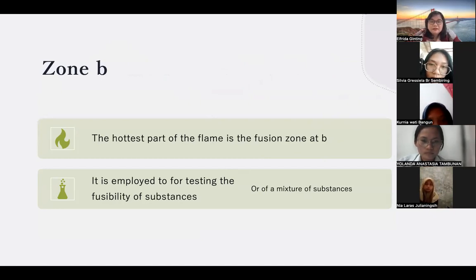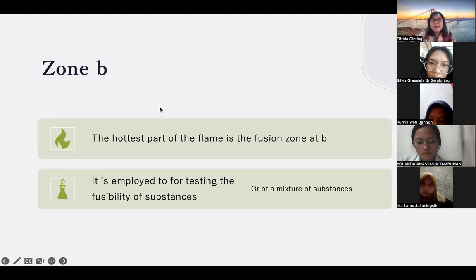Remember, if you have a mixture substance, there will be steps for you to test it. Because it's a mixture, you need a higher temperature. That's why if you have a mixture of substances, you need to test it on zone B, which is the hottest part of the flame.